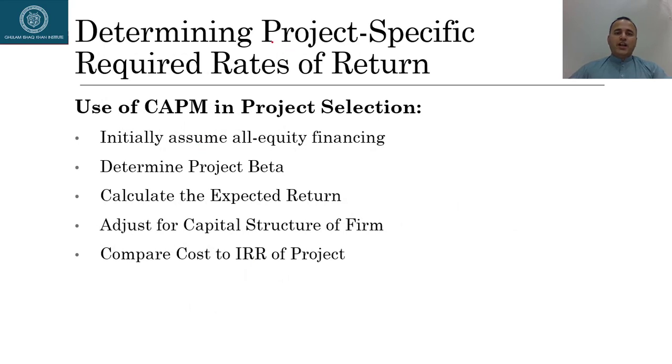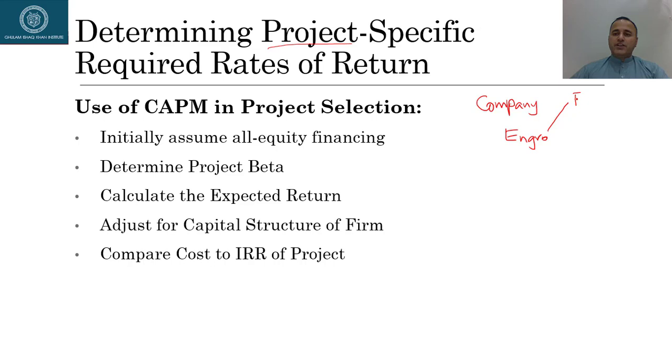So whenever a company is considering a certain project, sometimes it's not a good idea to use the company's WACC to evaluate that project. The reason is very simple. Let's say the company is Engro. Engro is in different lines of businesses.